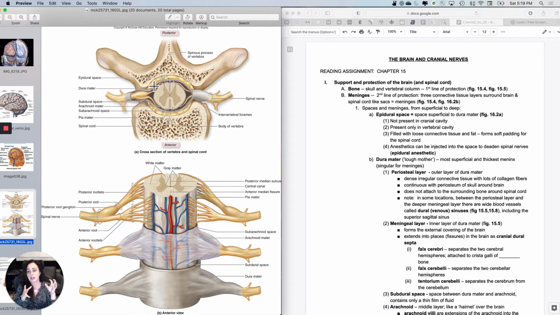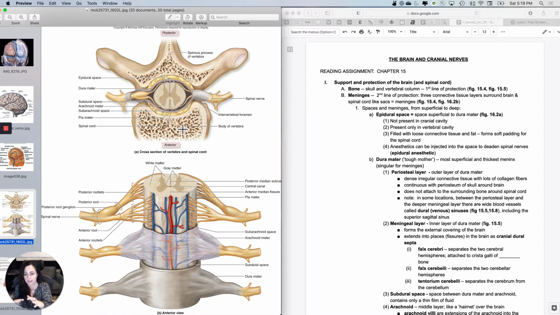The epidural space is on top of the dura. And it is not present in the cranial cavity because we'll see that the dura actually is continuous with the periosteum of the bone in the cranial cavity. But around the spinal or vertebral cavity, the epidural space is filled with loose connective tissue and fat, which pads the spinal cord.